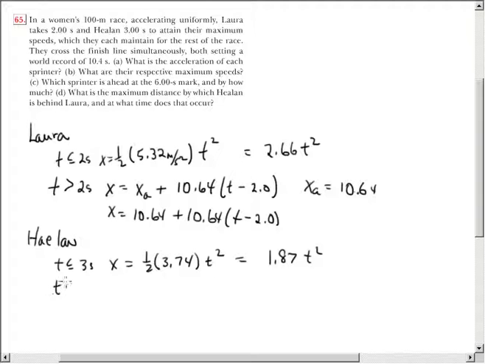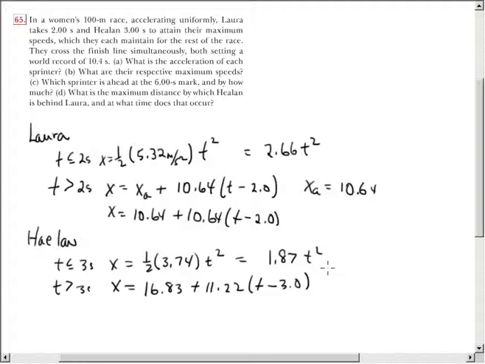And for t greater than 3 seconds, we will have x equal to 16.83 plus 11.22 times (t minus 3.0 seconds). You should understand where the 16.83 comes from and, of course, what the 3.0 seconds is.